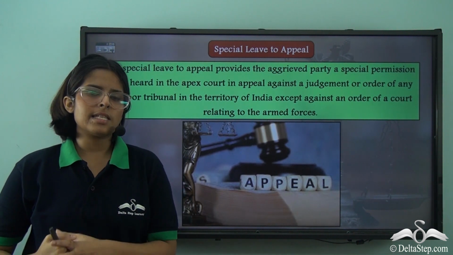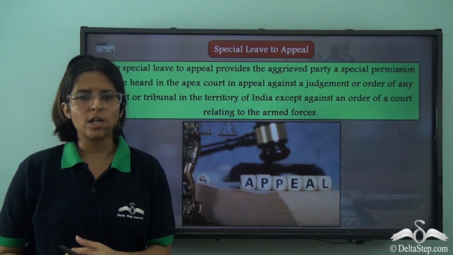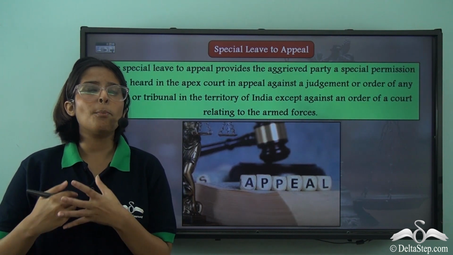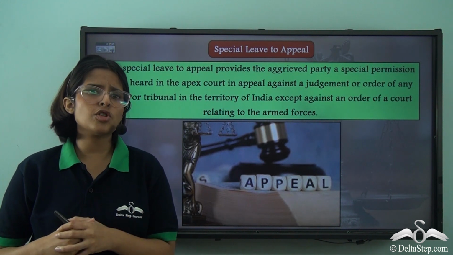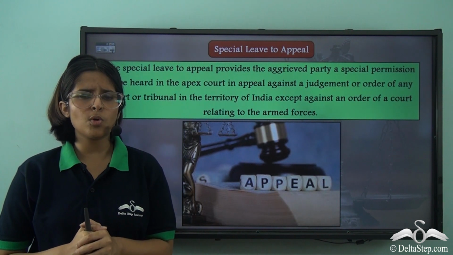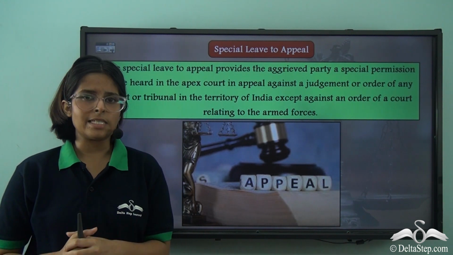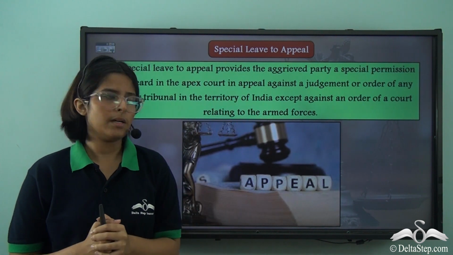Now, in certain cases, we saw that it requires a certificate of the High Court for a case to be appealed at the Supreme Court. But if there is a grave injustice that has been done, is there no way that you can appeal to the Supreme Court? Well, there is. There is a provision for special leave to appeal.